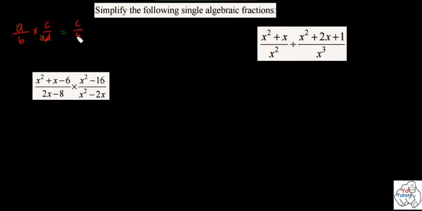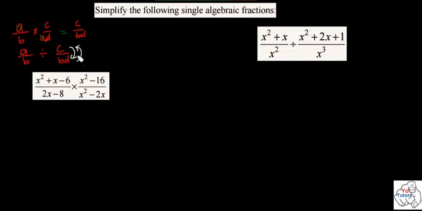C over BD. But we need to understand again that if it changes to A over B divided by, we are now dividing, let's say, C over BD. In this case we need to change. So what do we need to do here? We need to swap the two.